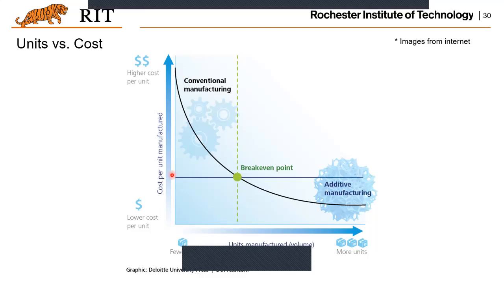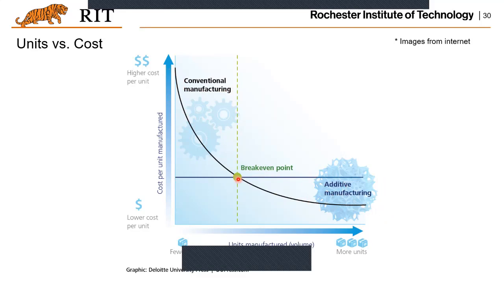But for additive, again, it is a straight line, meaning no matter whether the units of the product are low or high, per unit it costs the same. But for conventional manufacturing, it is a curve like this. That means if you produce more units with conventional manufacturing, the per unit cost will drop, and there's a break point. So you need to be aware of this.